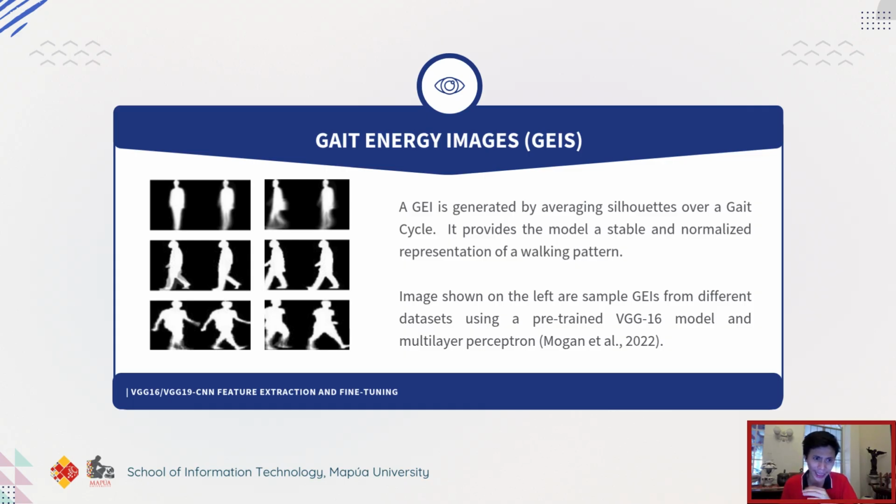The result is a clean and consistent visual representation that highlights the key body movements. GEIs are widely used in gait recognition because they compress temporal data into a spatial format the CNN can easily process. This makes them ideal for our model, allowing VGG16 to focus on meaningful differences between individuals' walking styles.